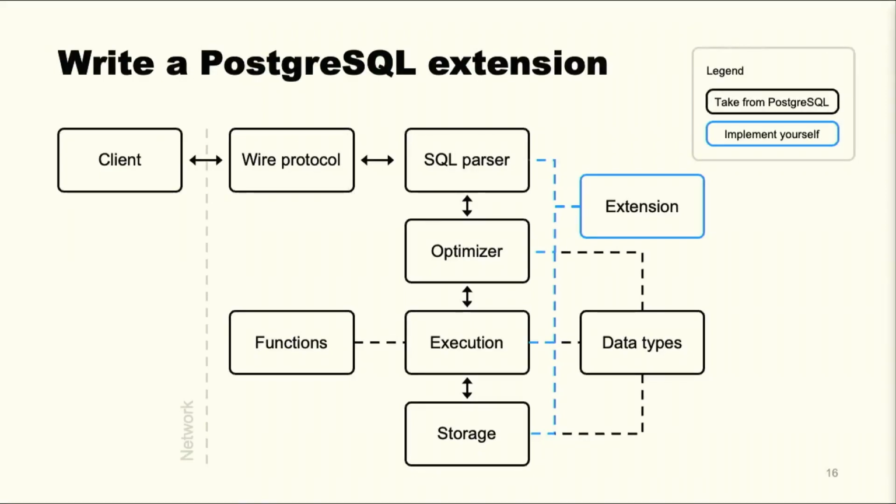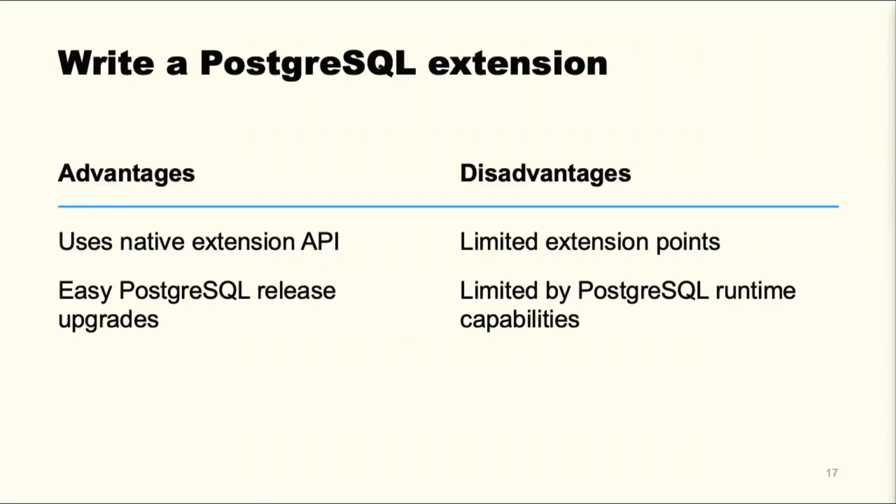It's the easiest to maintain, but you become also limited in innovation by what PostgreSQL exposes and allows extensions to do. So again, you cannot change things that Postgres wasn't designed to be extended.